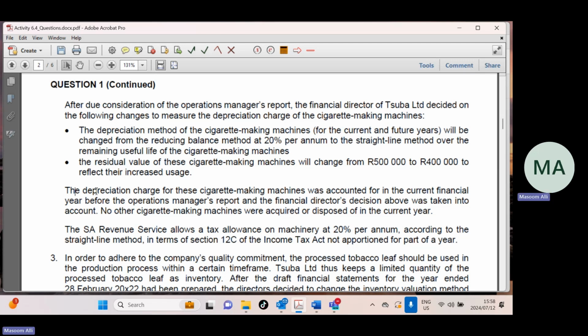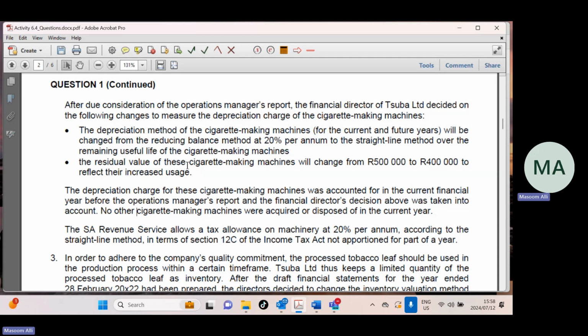The depreciation charge for these cigarette making machines was accounted for in the current financial year before the operations manager's report and the financial director's decision above was taken into account. No other cigarette making machines were acquired or disposed of in the current year. So what this is basically telling us is, hang on, right?